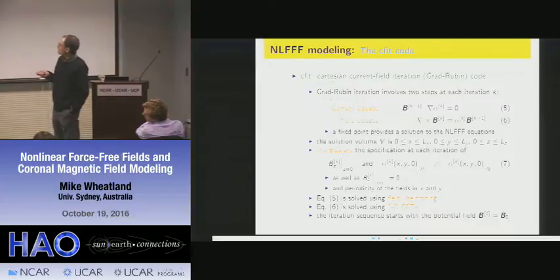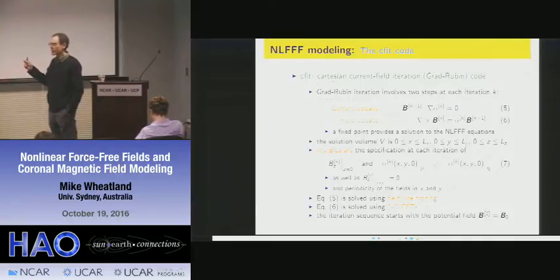So the approach in the code is as follows. There's an iteration sequence to solve the equations, and there are two steps at each iteration. This K index enumerates the iteration.